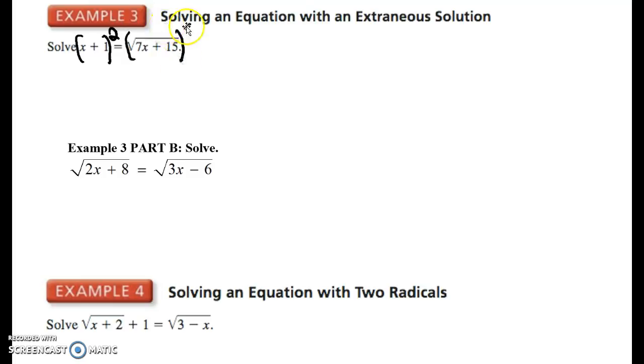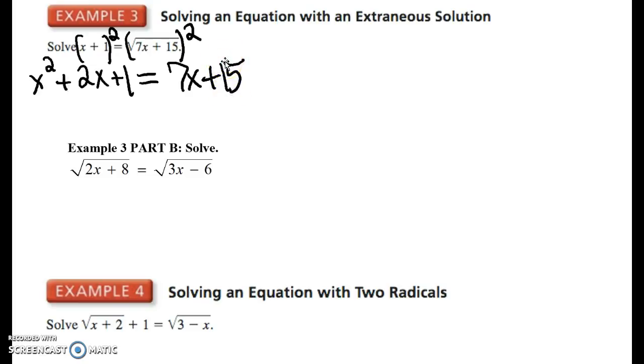You could rewrite the problem, but I'm not because I'm just going to start from what they give me here. When I square x plus 1, I get x squared. Remember, you have to FOIL. So do not confuse this with just x squared and 1 squared. So I have x squared plus 2x plus 1 equals 7x plus 15.